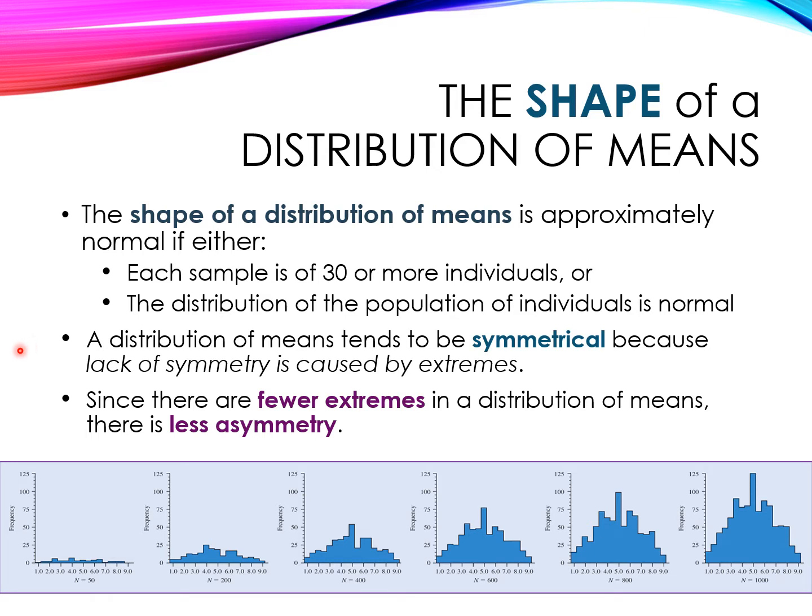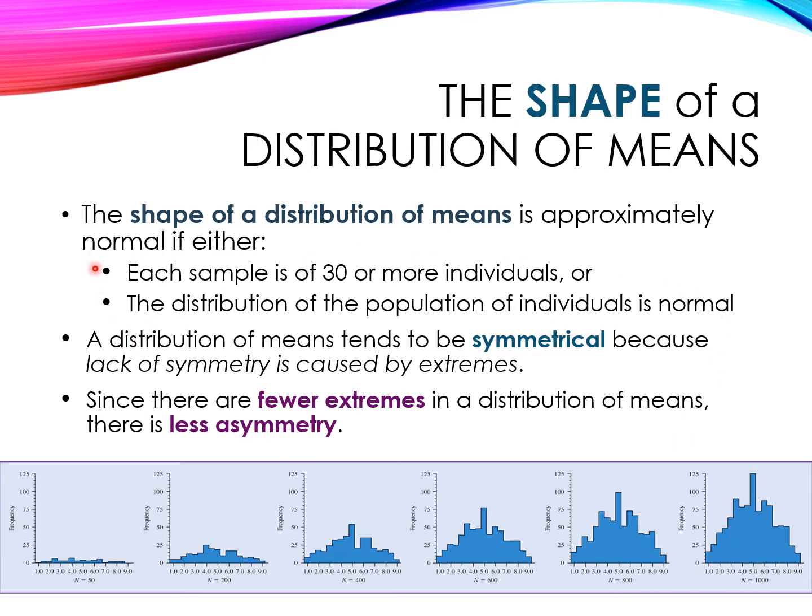And remember, we lose those extremes when we're doing a distribution of means. And since there are fewer extremes in a distribution of means, there is less asymmetry. And so we become much more symmetrical, which means it becomes much more normal. And again, I show you the histograms. As we increase the number of sample means, the histogram shape becomes more normal, like a normal bell curve, okay?